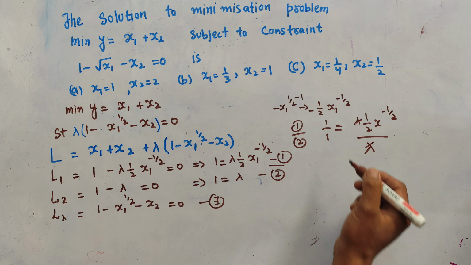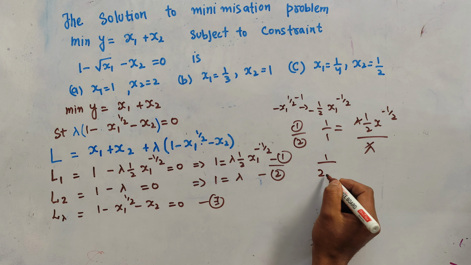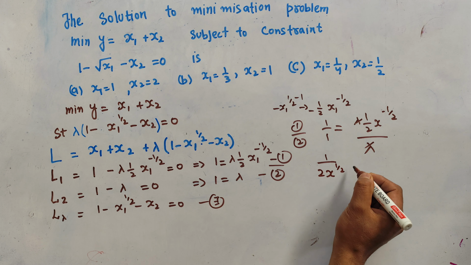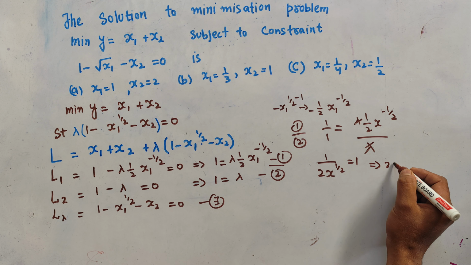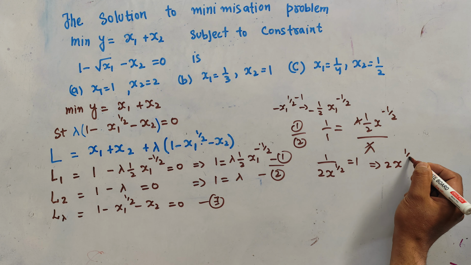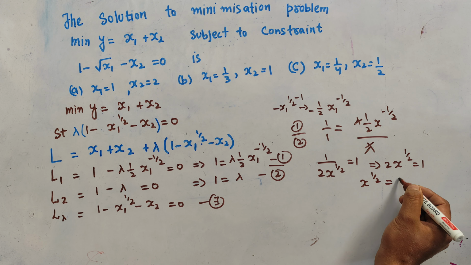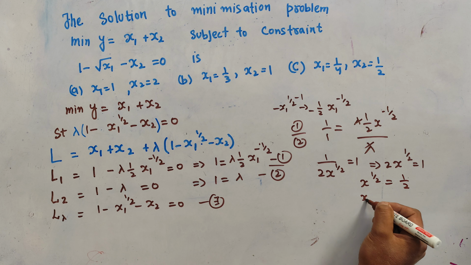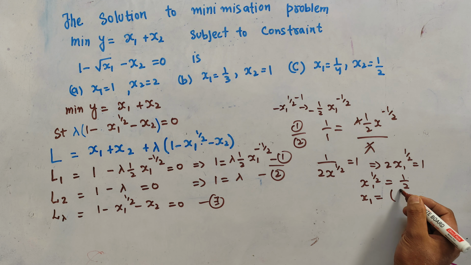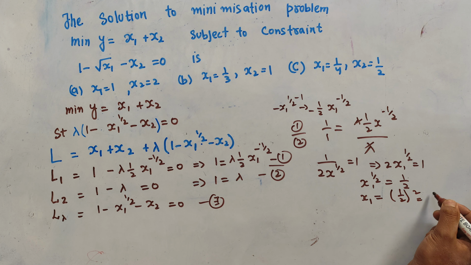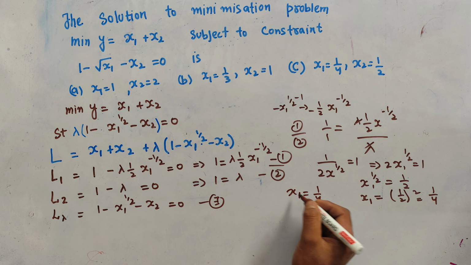Lambda gets cancelled, and transposing to the denominator so its exponent becomes positive, we get 2 times x1 raised to the power 1 upon 2 equals 1, which means x1 raised to the power 1 upon 2 equals 1 upon 2, or x1 equals 1 upon 2 squared, which is 1 upon 4. So the value of x1 is 1 upon 4.